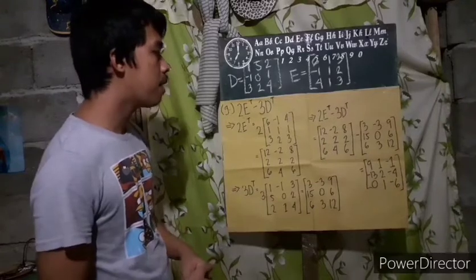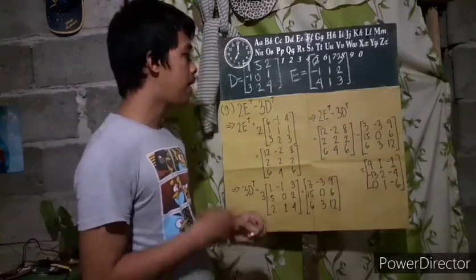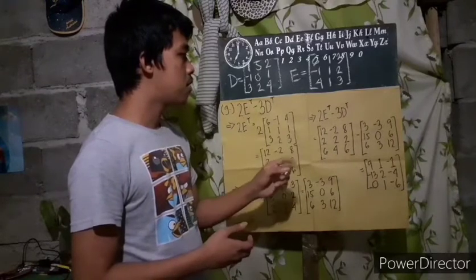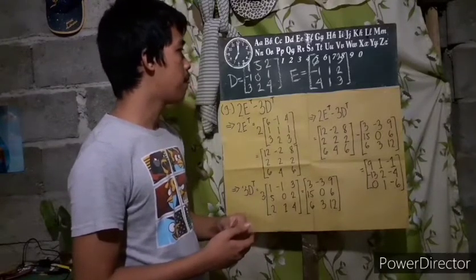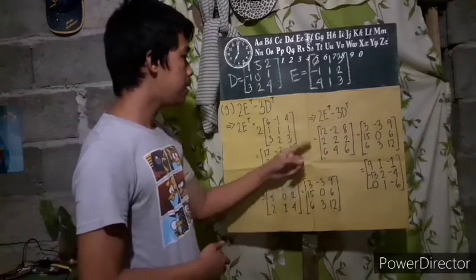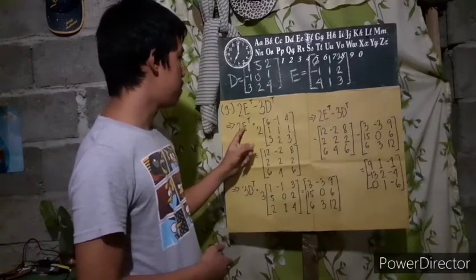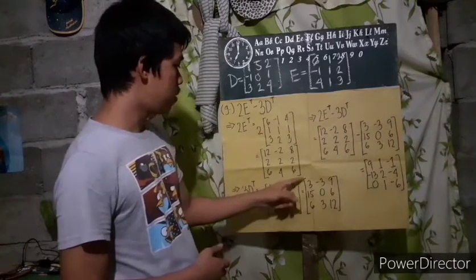So now we can finally find what is 2 multiplied by transpose E minus 3 multiplied by transpose D. So just copy the result of 2 multiplied by transpose E, which is this.